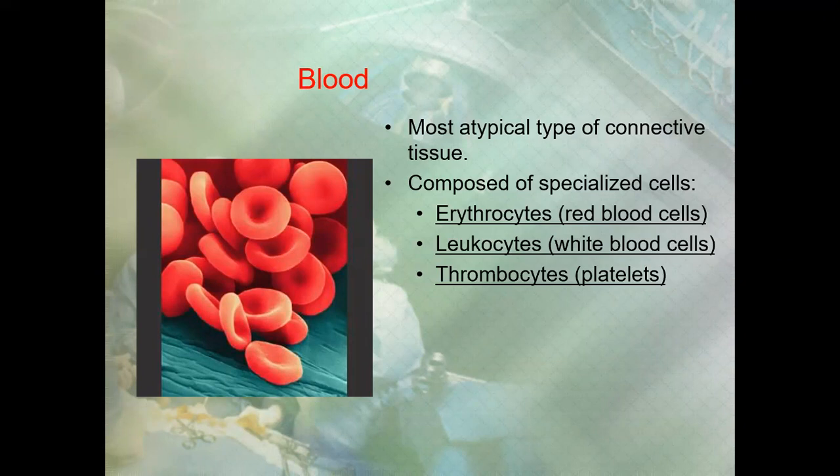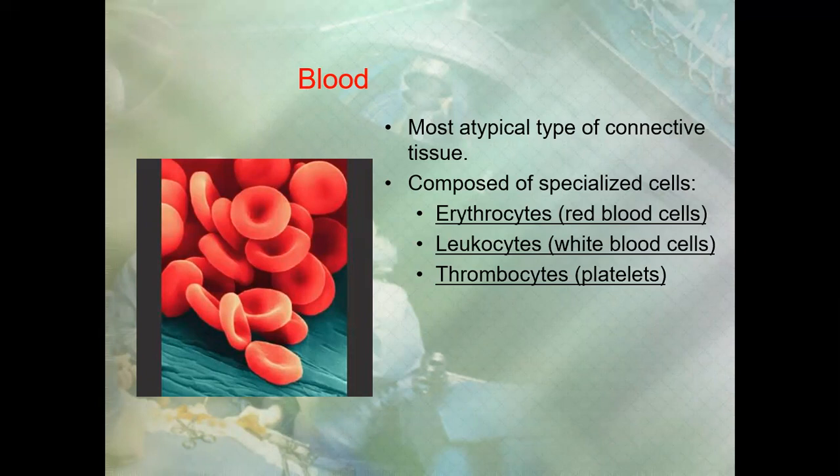Why is it considered atypical? Because it has so many different components, or just because it's not a hard substance like the other ones? I'm not understanding the because question. What does atypical mean in this instance? So what it means by atypical connective tissue: when you think of blood, does the word tissue immediately come to your mind? It does not.